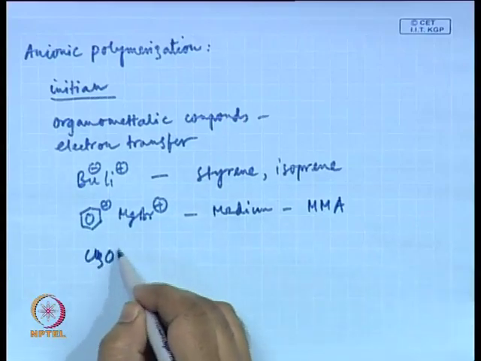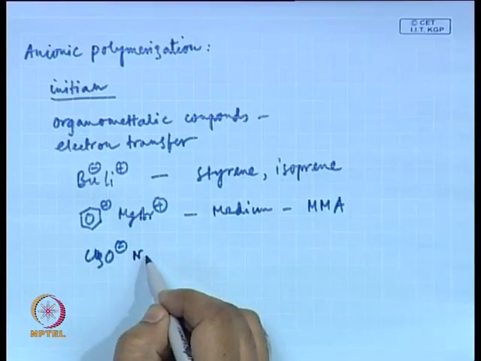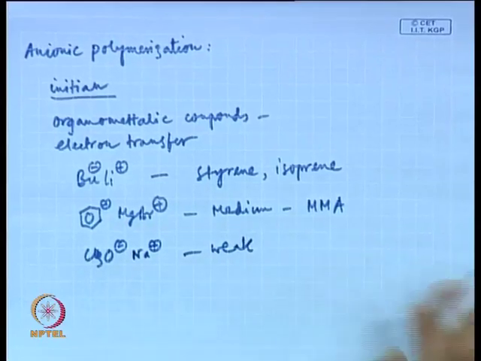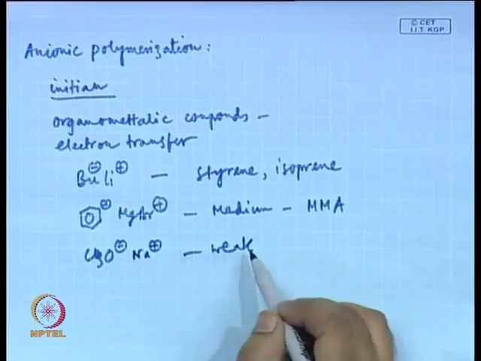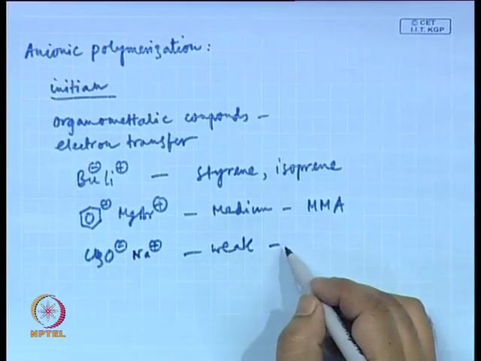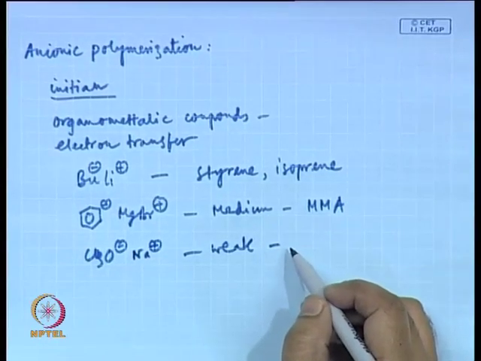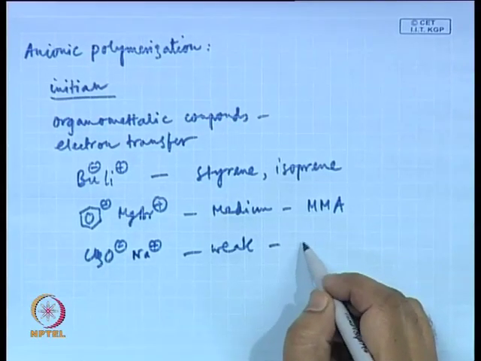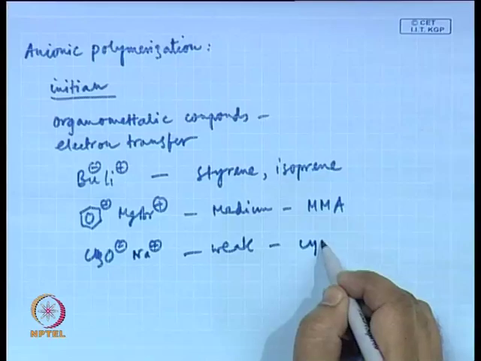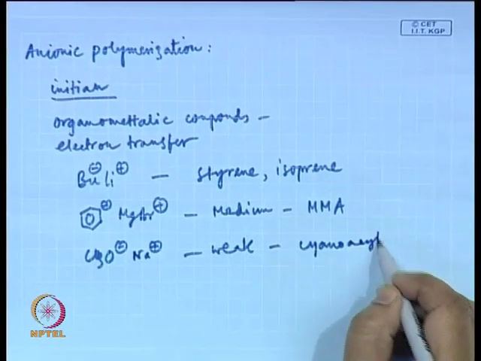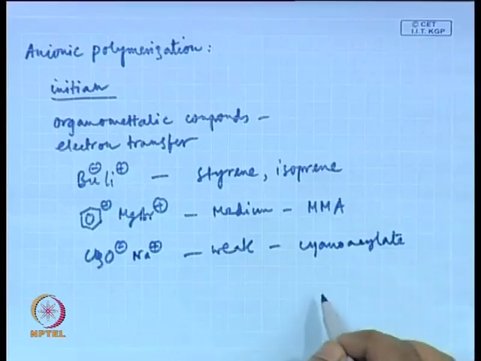and this type of initiators, which are very weak nucleophiles, can be utilized to initiate monomers with highly stabilized propagating anions, like cyanoacrylate, because cyanoacrylate has two stabilizing groups.